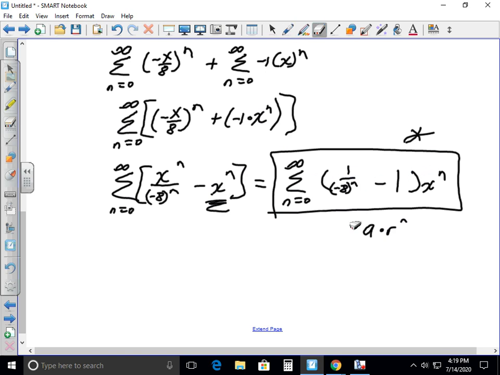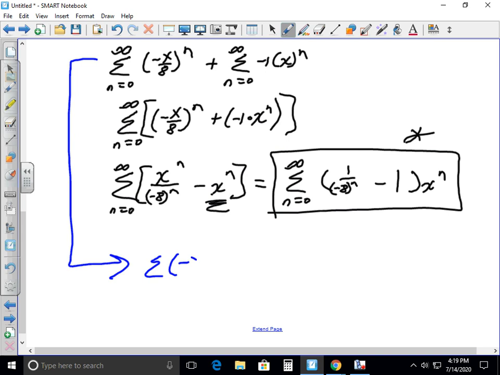So in order to determine our interval of convergence, let's look at it in this format. In order for this to converge, the first one is going to have to converge, negative x over 8 to the n, and then that's going to also have to converge.